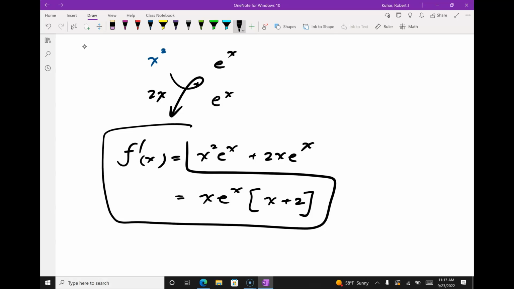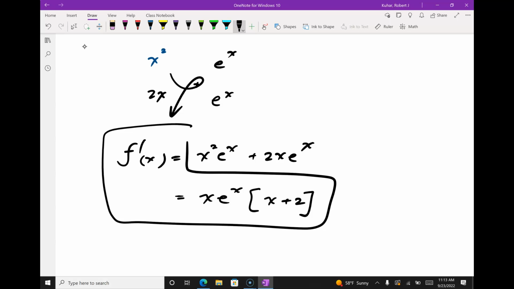Critical values are when the derivative equals 0, meaning the numerator equals 0, or the derivative is undefined, meaning the denominator equals 0. So we're always looking for factors, and it's really easy to see that if x is 0, I get 0, or if x is minus 2, I get 0.